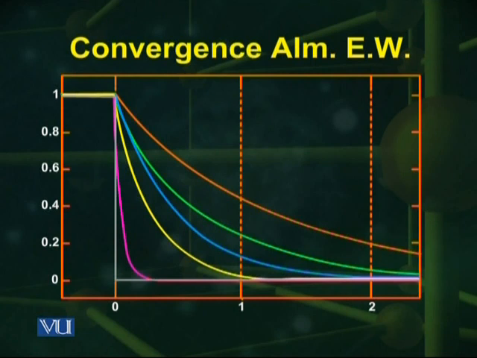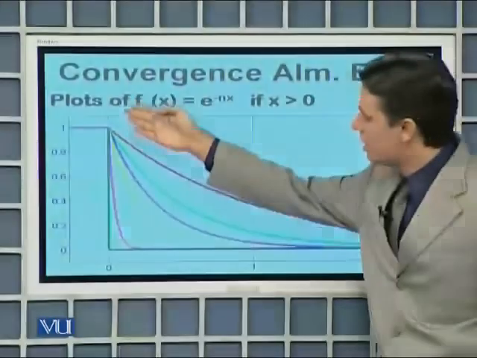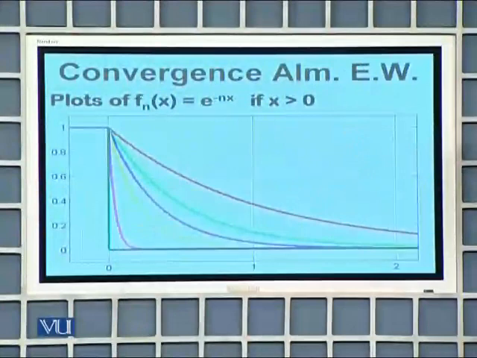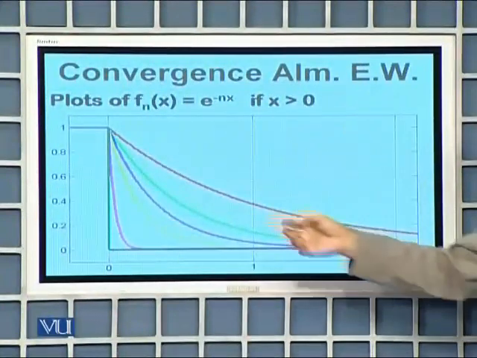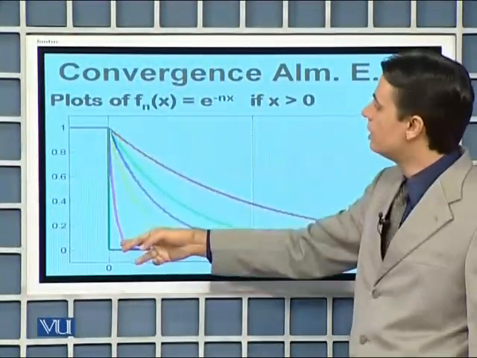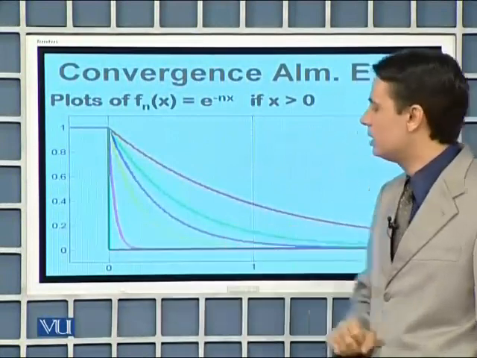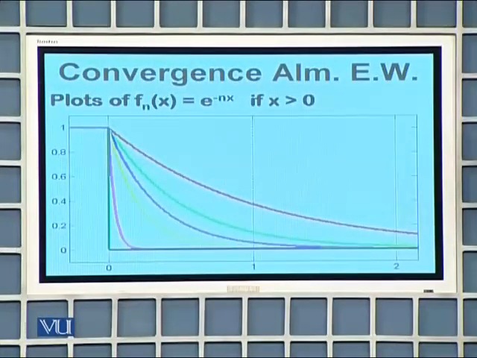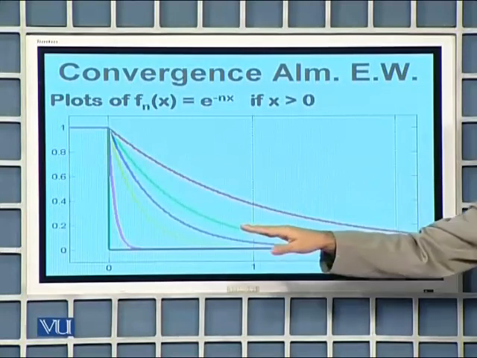The next line is for n equal to 5, and this line closer to the vertical axis is for n equal to 50. So you can see as n is increasing, the functions are decaying in a very quick manner, and eventually this function will decay so quickly that for all positive values greater than 0, it will be 0 valued.